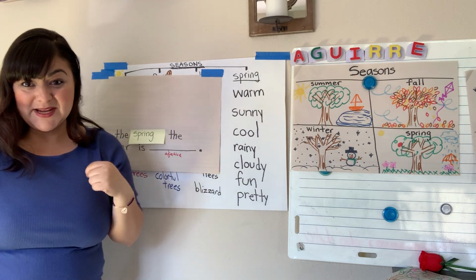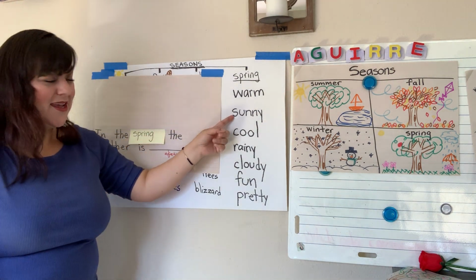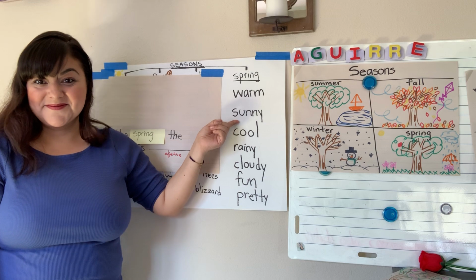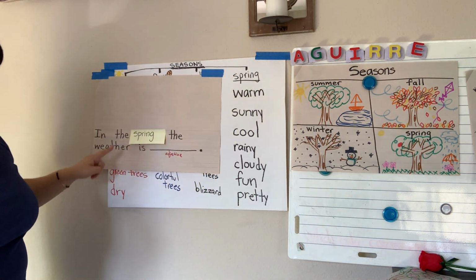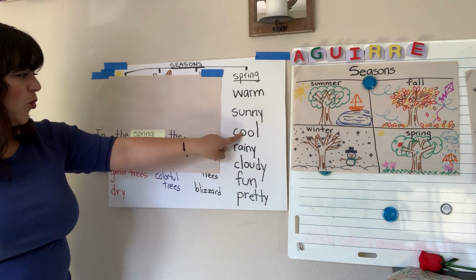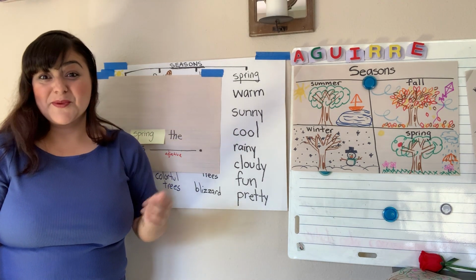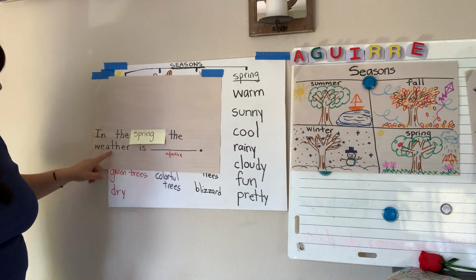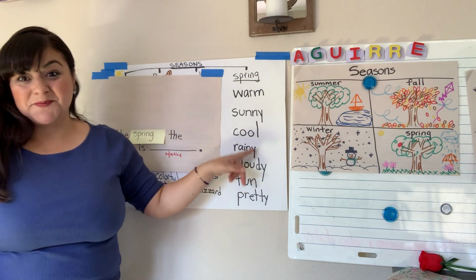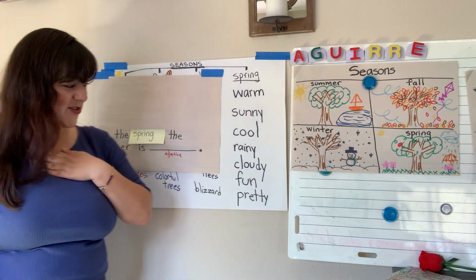Okay, now it's my turn. In the spring, the weather is sunny. Okay, my turn. In the spring, the weather is cool. Good, so remember, you repeat after me. In the spring, the weather is rainy. Now it's my turn again.